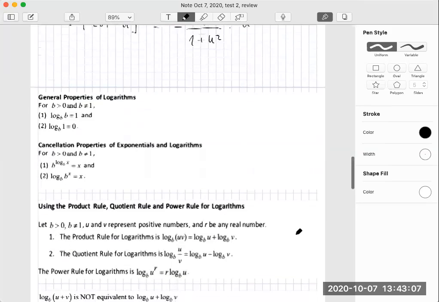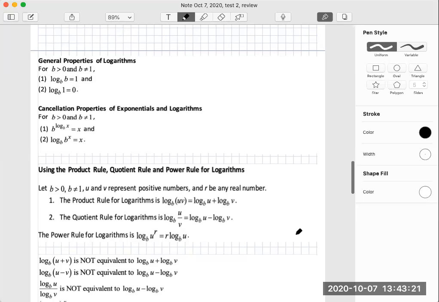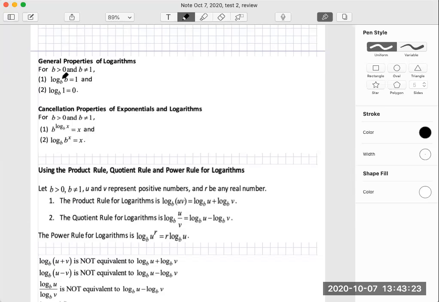And I've told you to review section 5 from Math 1021. They are well written in those notes, or you can start with this. These are some basic formulas. The definition: b should be the base of the log function. It should be positive and not equal to 1.